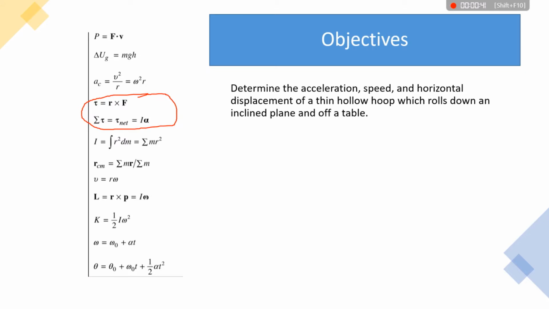Torque. Okay, so torque equals, what's our R? R is the distance from center of mass, and that's our force. What about this I down here?